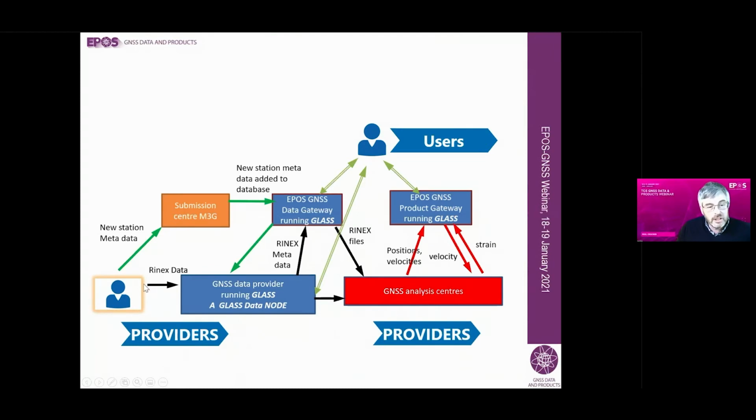These local nodes insert RINEX file metadata. It's processed and then synchronized to the data gateway. The various analysis centers obviously can also use all of this data at the data gateway for computing time series and velocities, strain rates, etc.